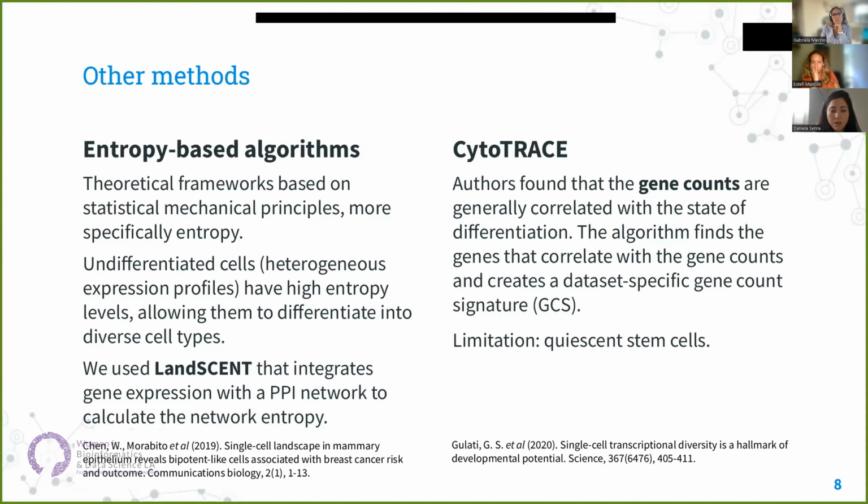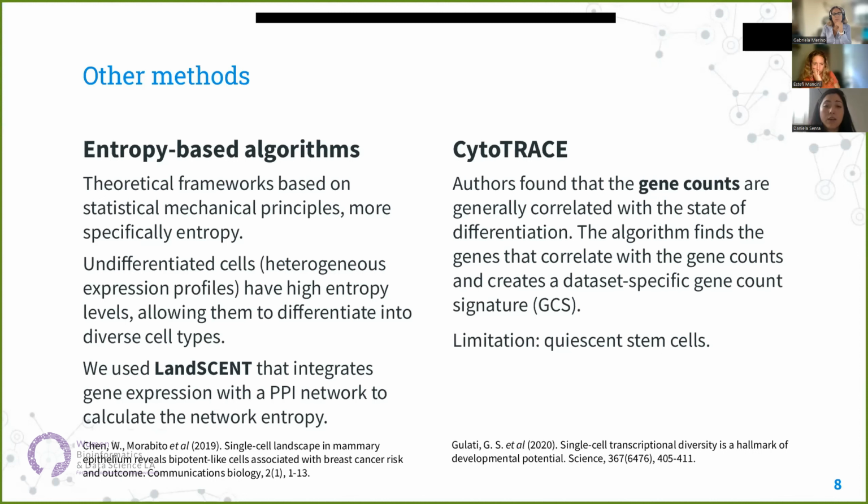This means that they have the possibility to differentiate into different cell types. Undifferentiated cells are associated with heterogeneous expression profiles. So we used an implementation of these entropy-based algorithms called Lancet.